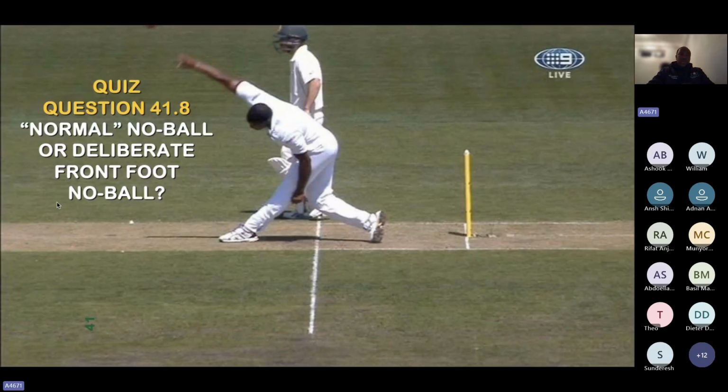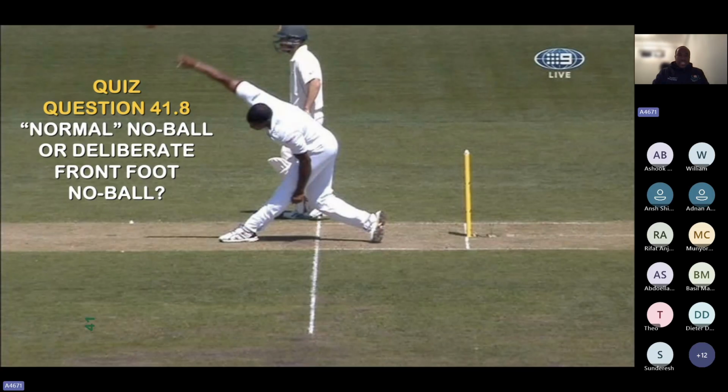Quiz question 41.8. Is this an unintentional front foot no ball, or is this a deliberate front foot no ball? So if you look at the size of the bowler's boot, I would say he's probably 2.5 feet, if not 3 feet over the popping crease.